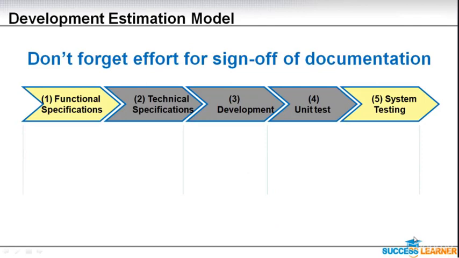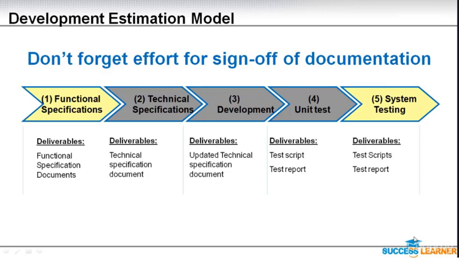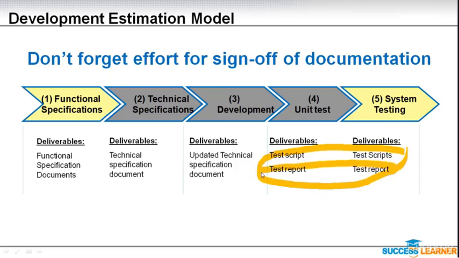Don't forget the effort for sign-off of documentation, because there is a number of documentations that needs to be produced. In the beginning it is functional specification, then it goes into technical specification, which you will need to update later as well, and then you go into the whole testing phase, which is where you do the script and you do the test reports.